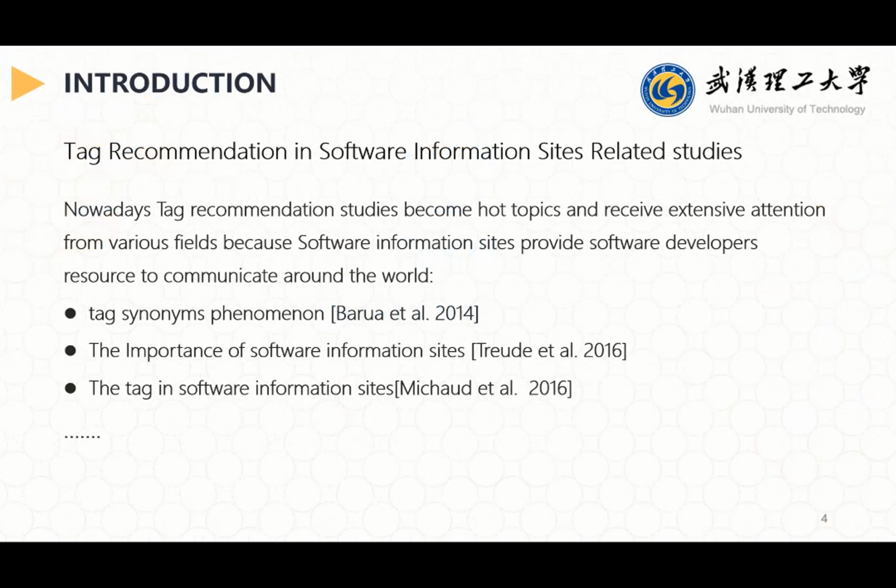Nowadays, target recommendation studies become hot topics and receive extensive attention from various fields because software information sites provide software developers results to communicate around the world, such as following papers.